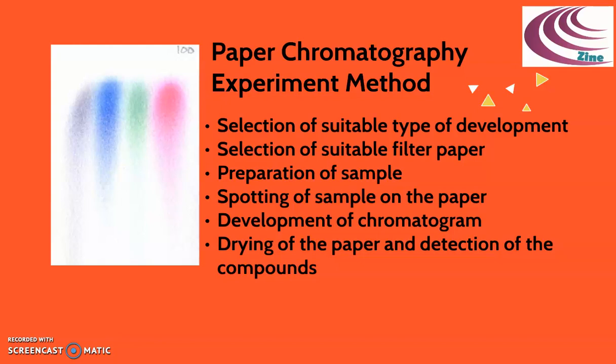A suitable filter paper is selected based on pore size, the quality of the samples to be separated, and also the mode of development. Choice of filter paper depends upon the type of problem under investigation, whether the paper is used for qualitative or quantitative analysis, whether it is used for analytical chromatography, or whether the substances used are hydrophilic or lipophilic, neutral or charged species.